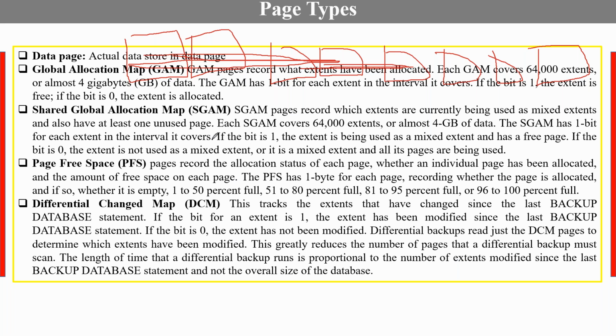SGAM also works in bit format. If the bit is 1, the extent is being used as a mixed extent and has free pages. Make a note, sir. Whenever the bit value is 1, the extent is a mixed extent with some free space.